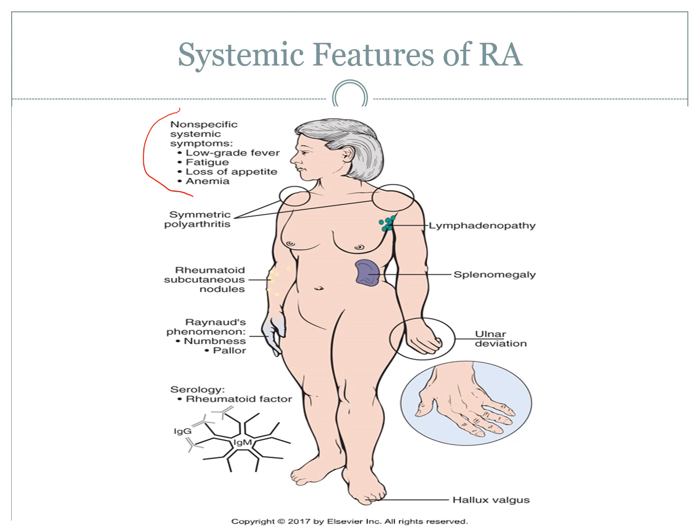Now, other things that differ from osteoarthritis is you end up with a polyarthritis, so most of the joints in the body actually have some amount of pathological changes. Things like lymphadenopathy and splenomegaly are also factors to take a look at, as well as Raynaud's phenomenon, which is discoloration and tingling within the hands.